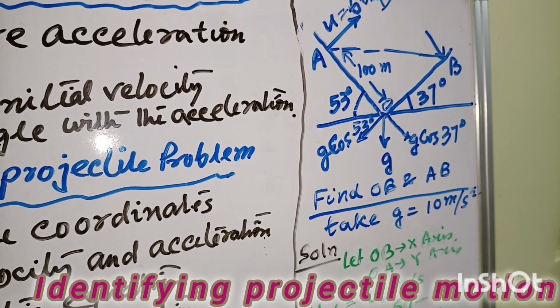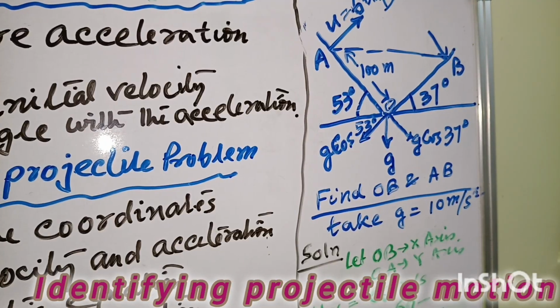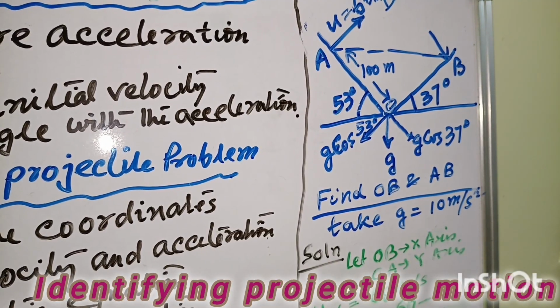Suppose there are two inclined planes. One is AO, O is the origin, another is OB. These two inclined planes are at right angles.